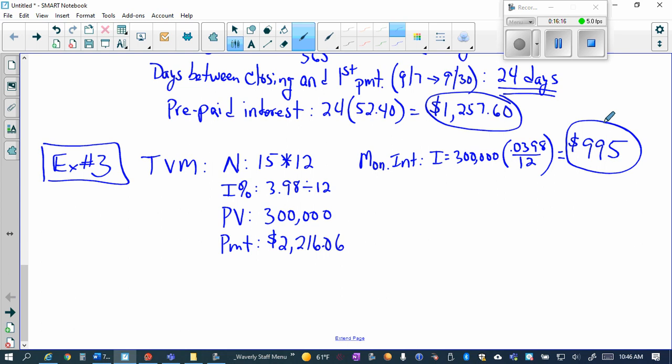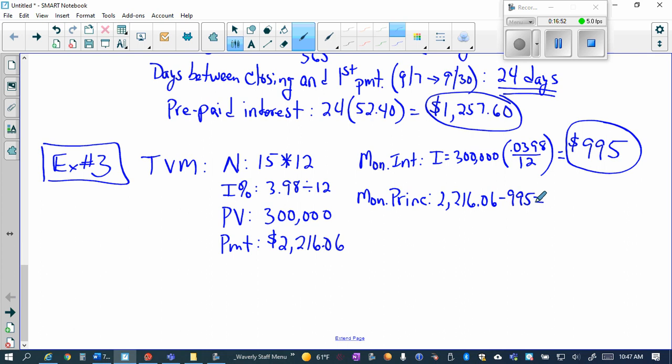Okay? Well, how do we figure out what portion of that is the principal? Well, if that's the interest portion, we just subtract, right? So the monthly principal, right, for just this payment, okay? Monthly principal. So that'll be our payment, 2,216.06, minus the interest portion here.